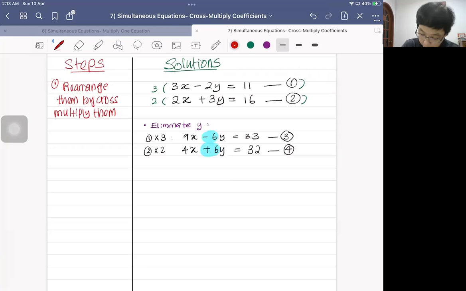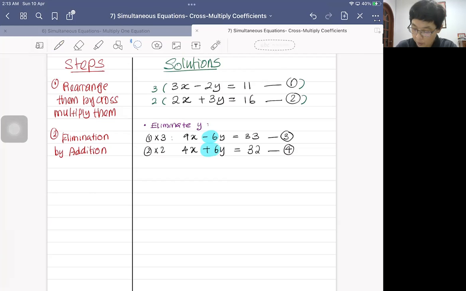So now I'm going to go for the second step, elimination. Because negative 6 and positive 6 are different signs, I'm going to eliminate by addition. Check out the basic skill if you need more confidence on this.